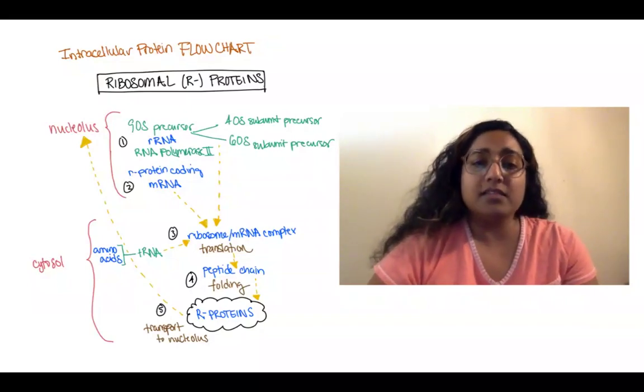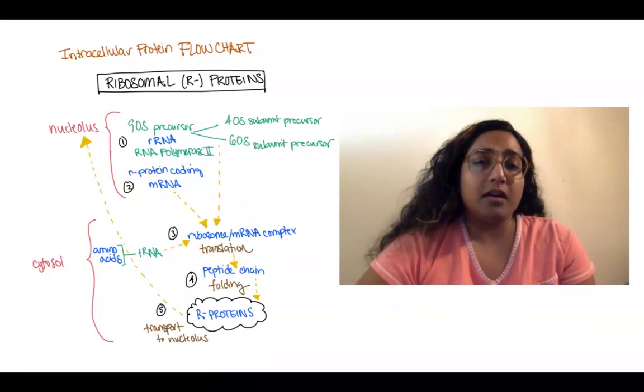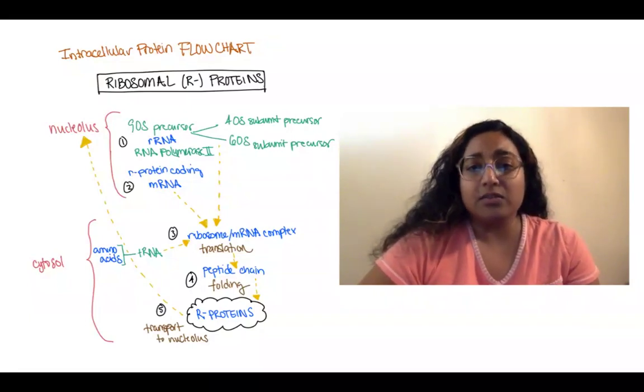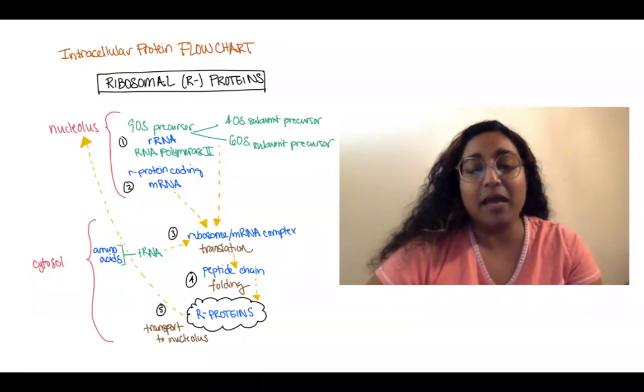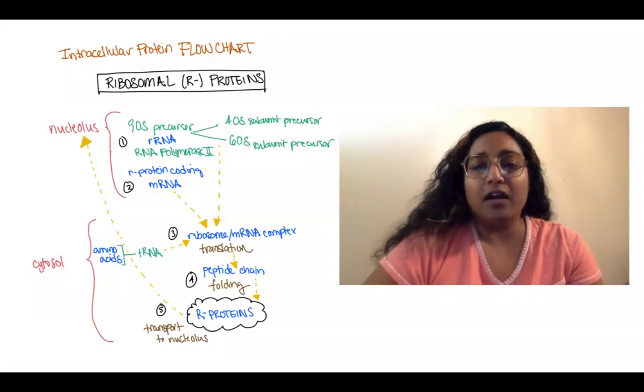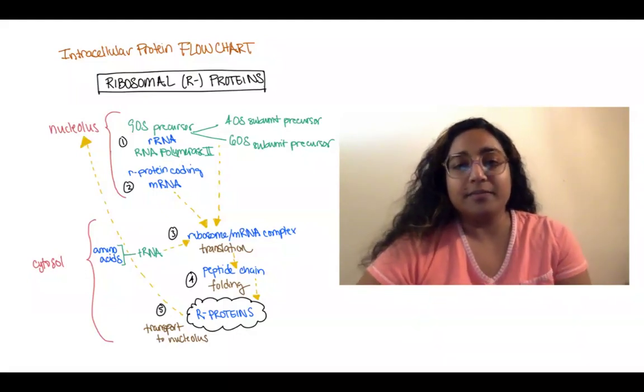And then with the assistance of tRNA, the mRNA is translated into an amino acid sequence, which is finally released and then folded and transported back to the nucleolus for assembly of ribosomal subunits.